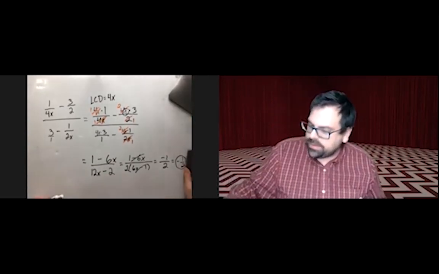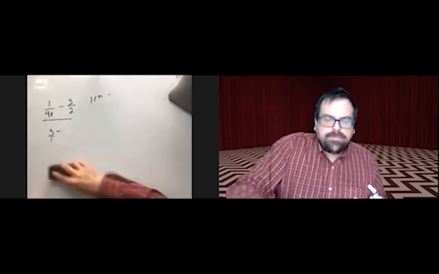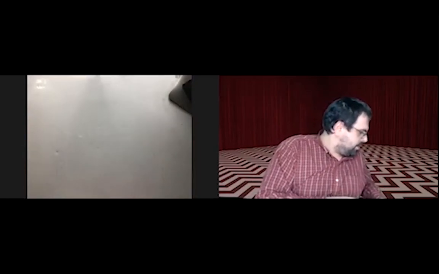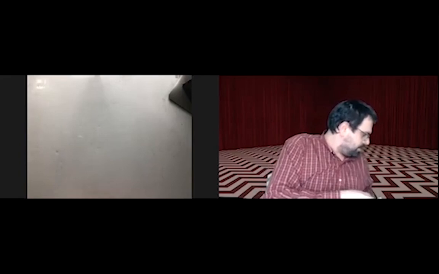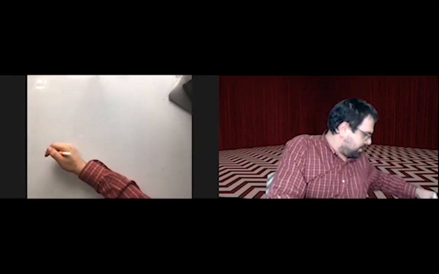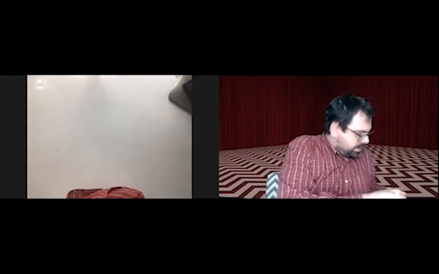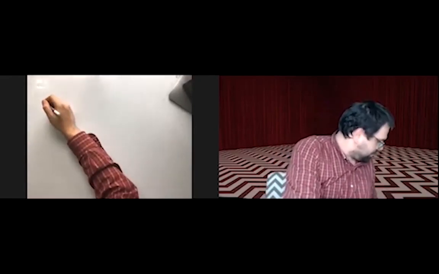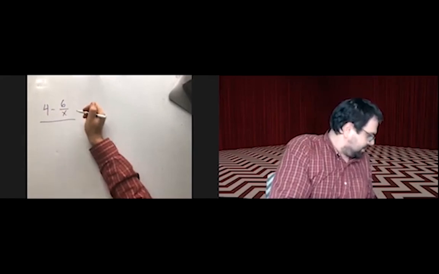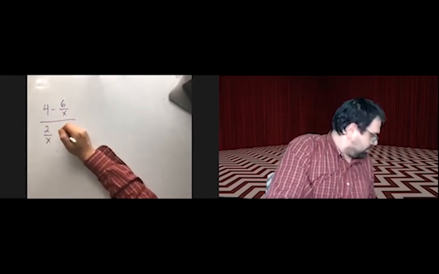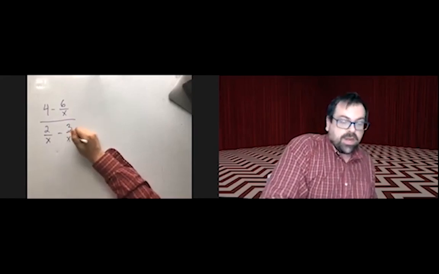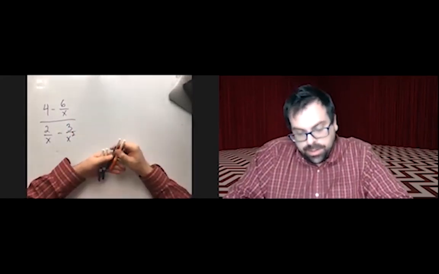So now that I've explained the two methods, and I've explained why each works, let's use both methods on 4 minus 6x over 2x minus, 2 over x minus 3 over x squared.